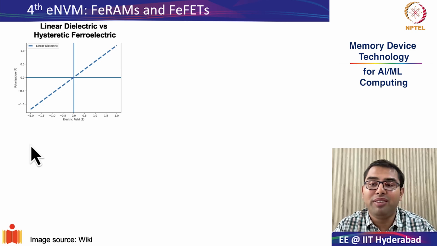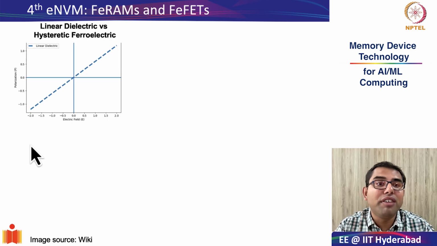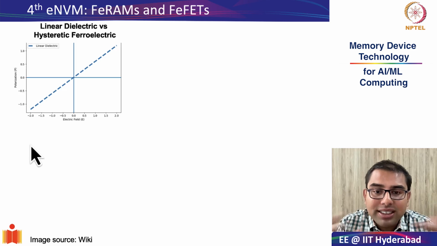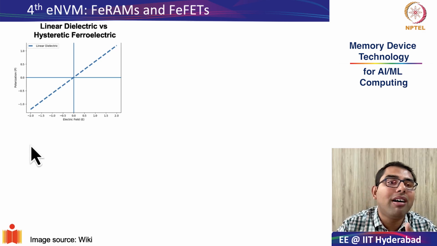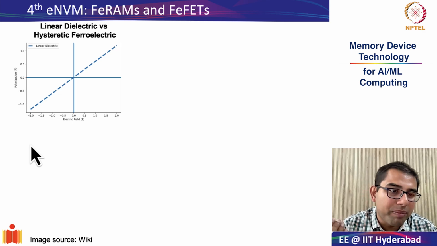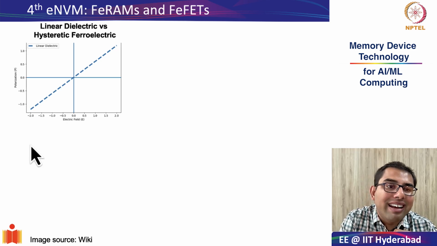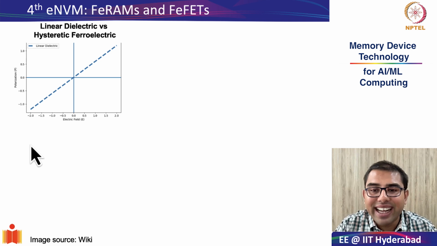So let's do a bit of a closer deep dive into ferroelectrics, which represent one of the most exciting paths forward for memory integration, and I would really like to call them the fourth electronic non-volatile memories. First we will begin by looking at the difference between a regular dielectric and a ferroelectric. As you know, a regular dielectric has a linear dependence when you look at polarization versus electric field.